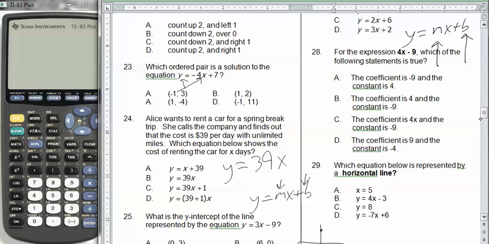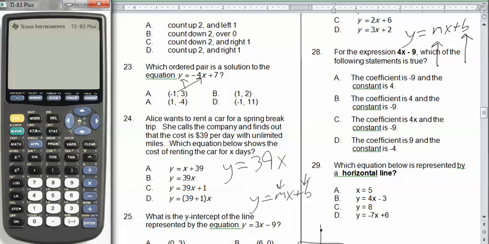So which equation below is represented by a horizontal line? So horizontal lines, well, one thing you could do is just go into your calculator. You can't type an x equals, but you could type the y equals ones. So 4x minus 3 and graph it. That's not horizontal.